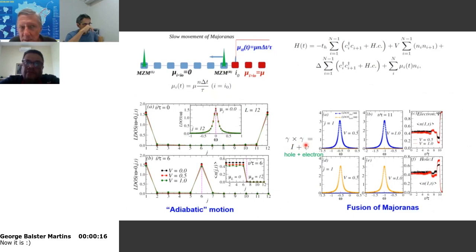These Majoranas in a finite chain seem to be totally independent of each other, but they are not. After all, you cannot kill one without killing the other. These things are connected at a distance. They are entangled at a distance.